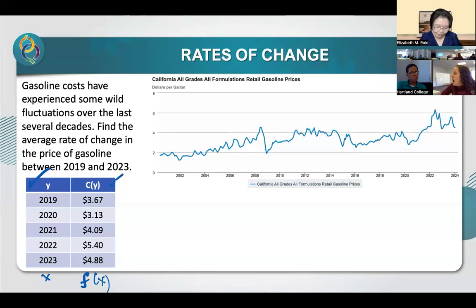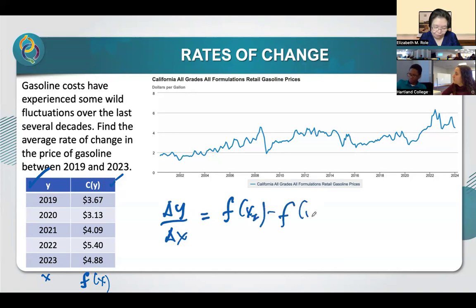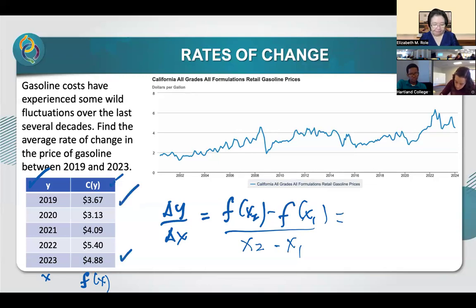So we said that our change of y over change of x is of course f of x sub 2 minus f of x sub 1 over x sub 2 minus x sub 1. So it's already input and outputs that are given there, because this is the real world problem. So we're now talking between 2019 and 2023.